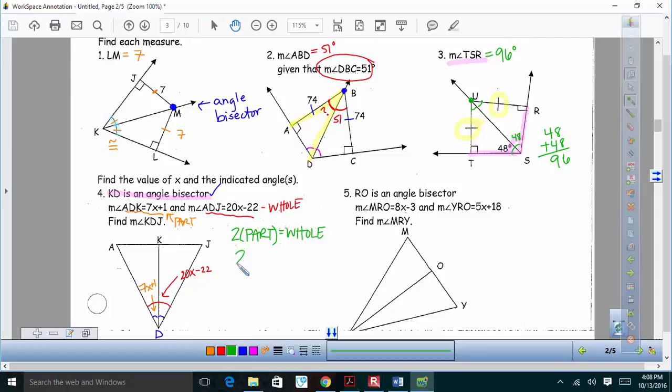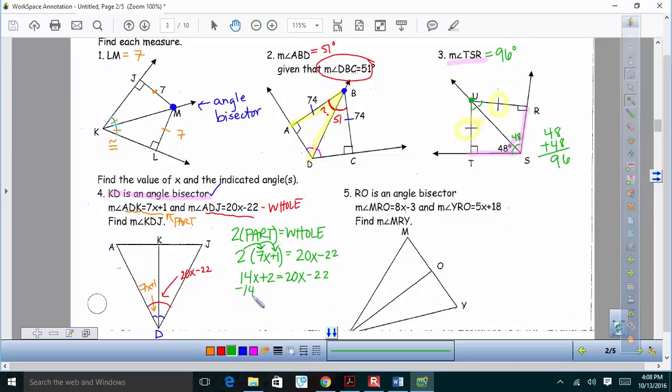So we would do 2 times 7x plus 1 equals 20x minus 22. So from here I would multiply 2 times 7x, which gives me 14x, and 2 times 1, which gives me a positive 2. I would bring down 20x minus 22. Then I would start solving for x.